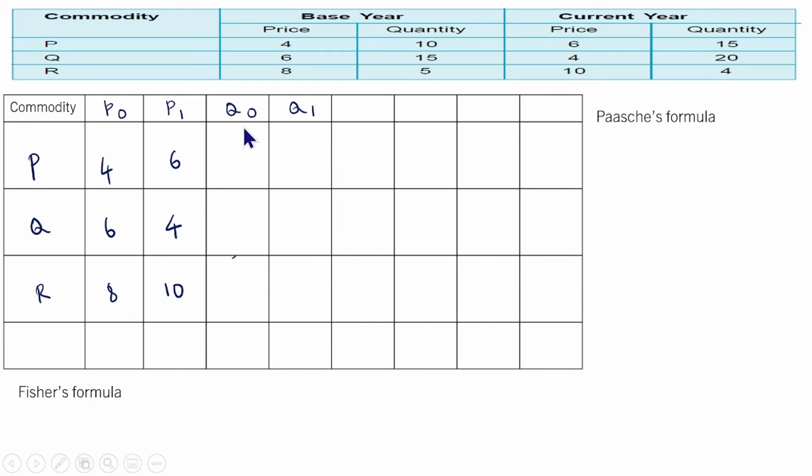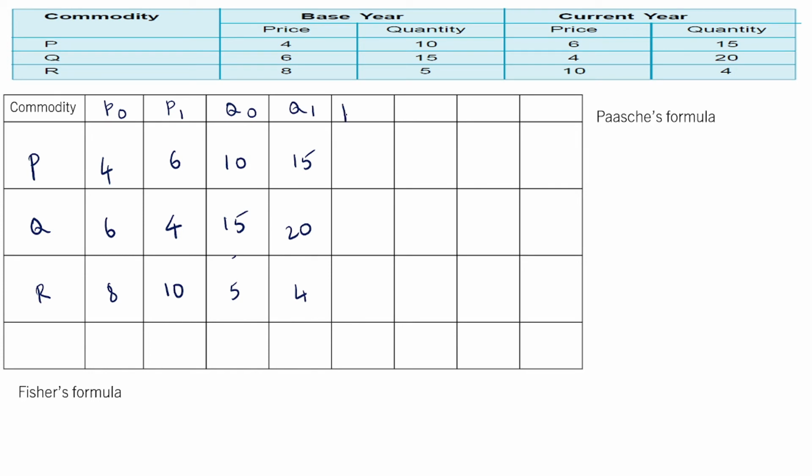And then we have the quantity in the base year, which is Q naught. It is 10, 15 and 5. And then the quantity in the current year, Q1, is 15, 20 and 4.